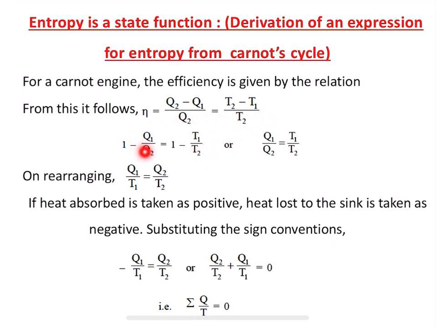Cross multiplying and rearranging, we get q2 minus q1 divided by q2, and then q1 divided by T1 and q2 divided by T2 by interchanging numerator and denominator.